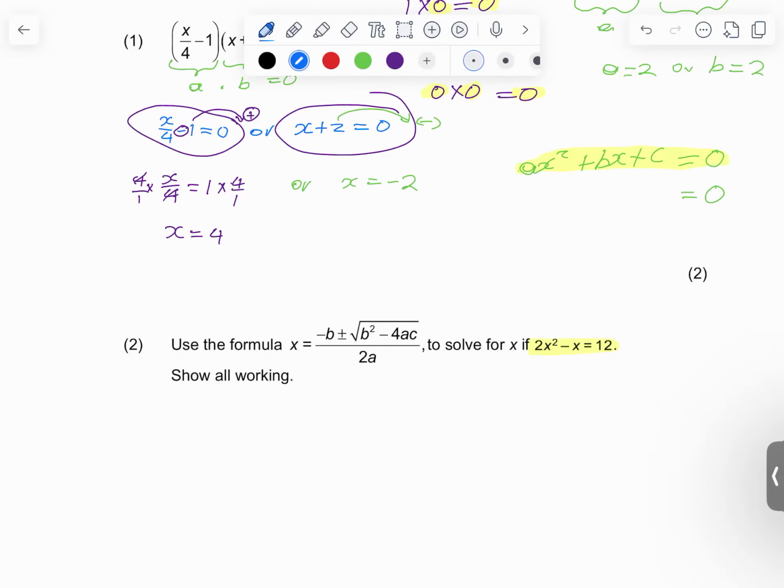It is positive, so when I move it to the left-hand side of the equal sign, it'll become negative. Writing this in standard form, I will have 2x squared minus x minus 12 is equal to 0. Obviously, I can't factorize. Even if I wanted to, they specifically stated that I need to use this quadratic formula. Now, this is in standard form.